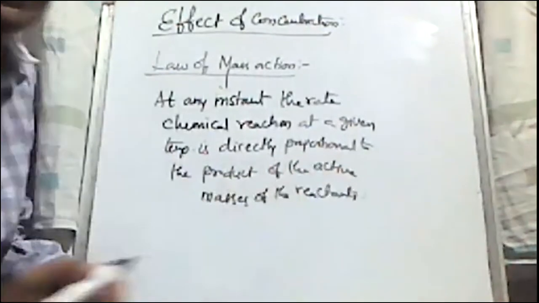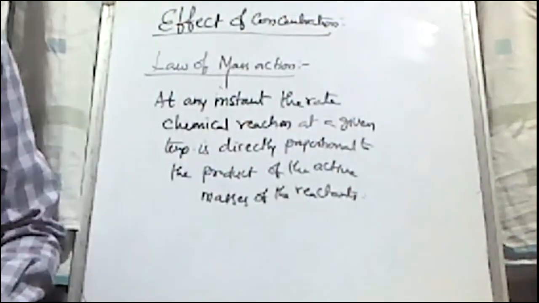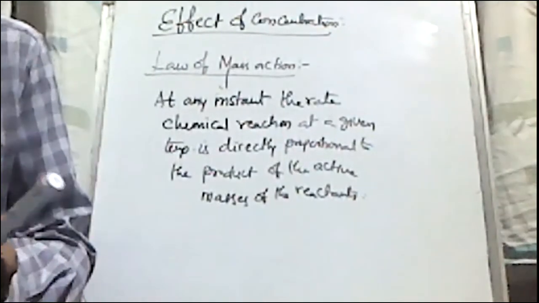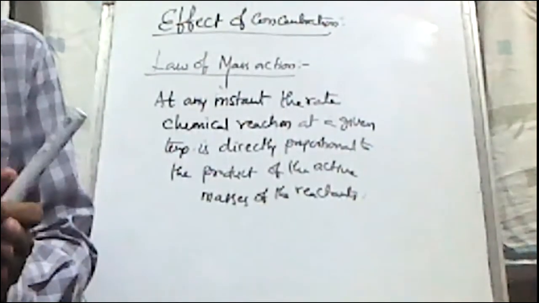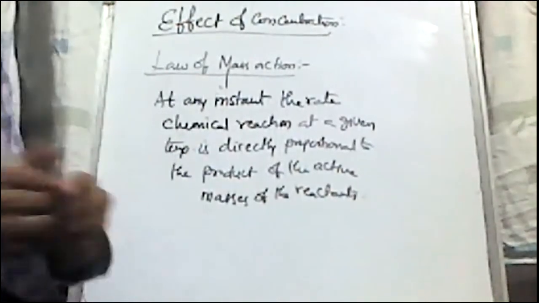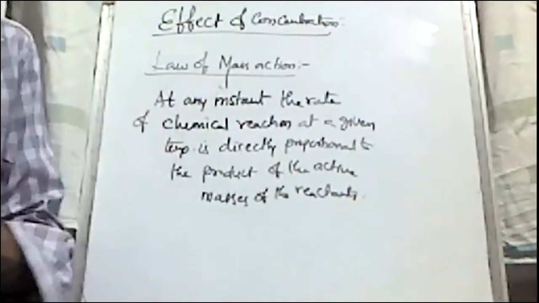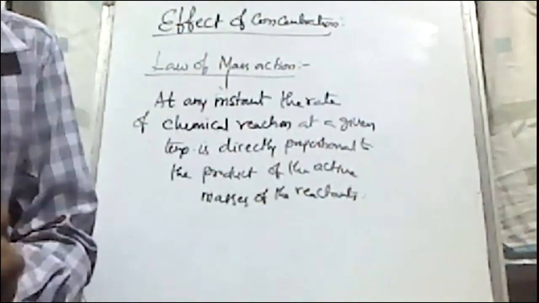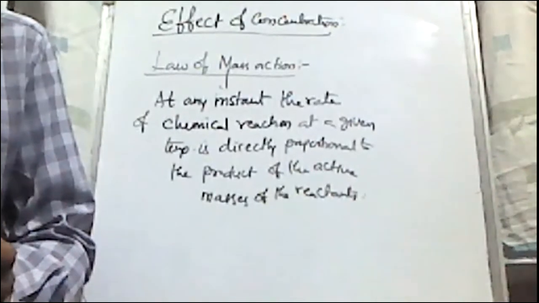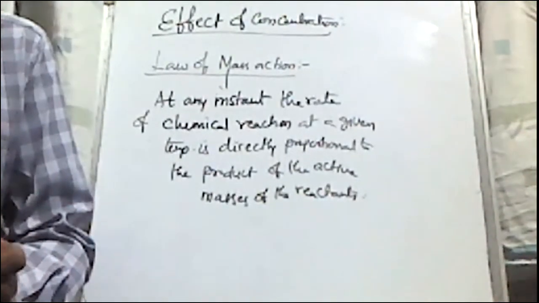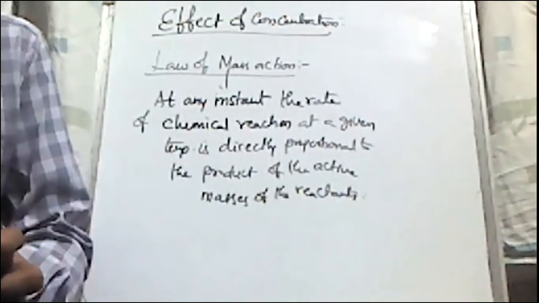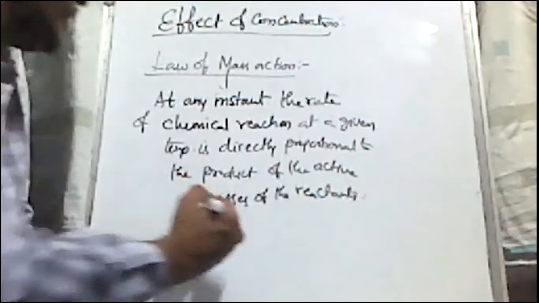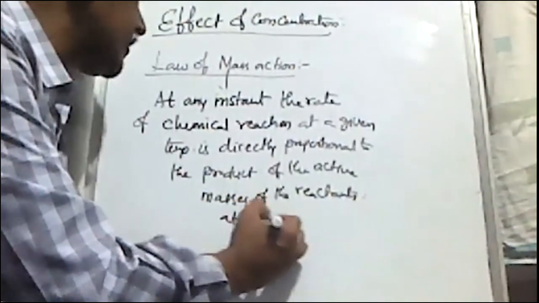According to this law of mass action, the rate of a chemical reaction at a given temperature is directly proportional to the product of the active masses of the reactants at that instant.